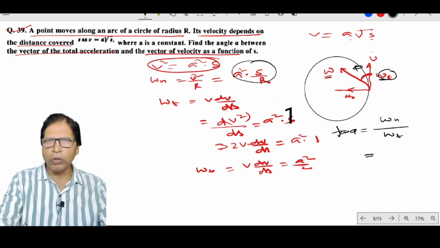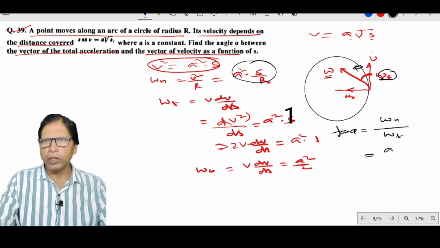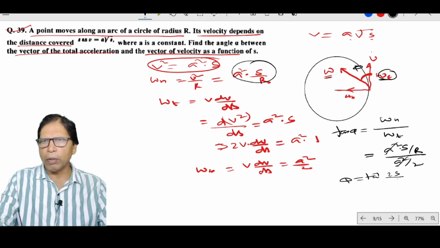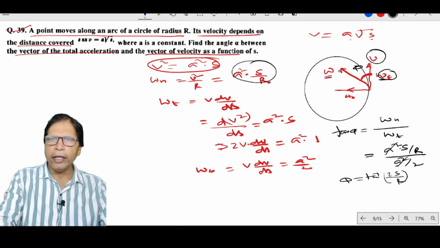The normal acceleration is a square s divided by r. The tangential acceleration is a square by 2. So a square cancels out. Therefore, phi equals tan inverse of 2s by r, which is the angle between the velocity vector and the total acceleration vector.